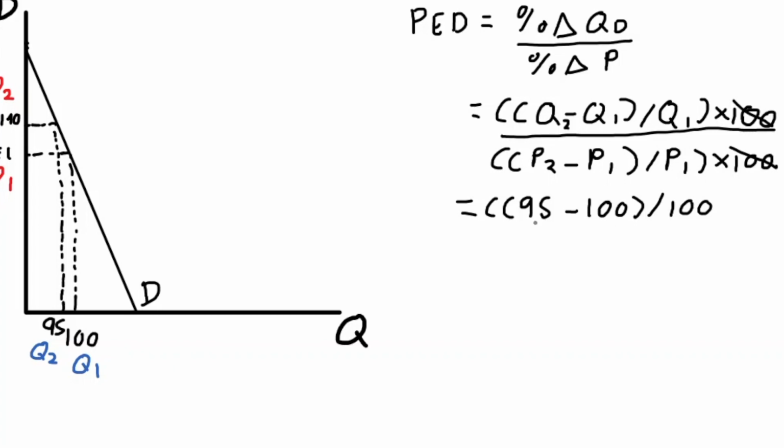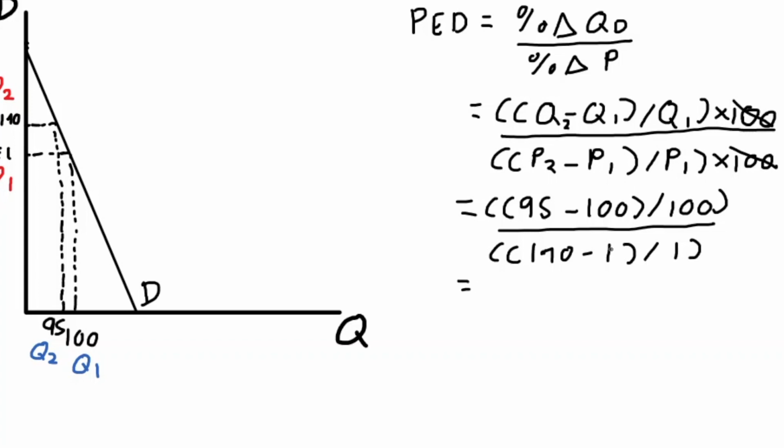Below the line, the price level at P2 we've already seen is €1.10, and P1 is €1, and that's all divided by €1, P1 in this case.